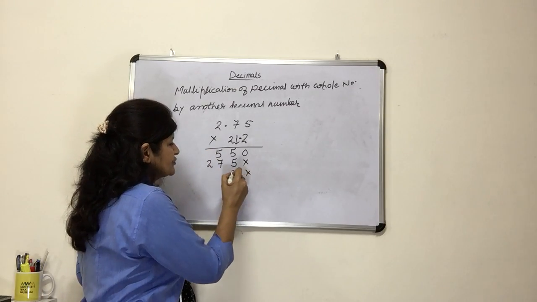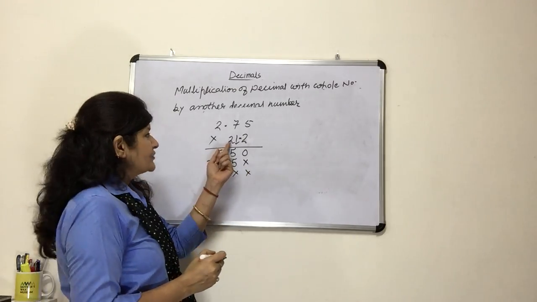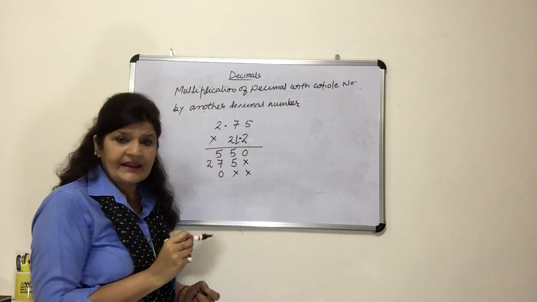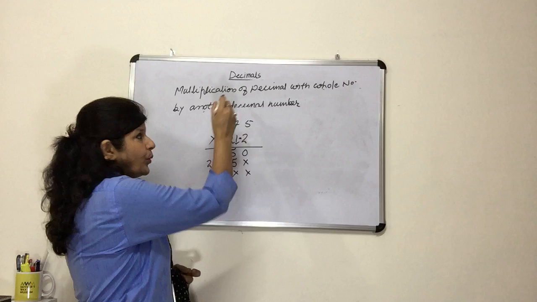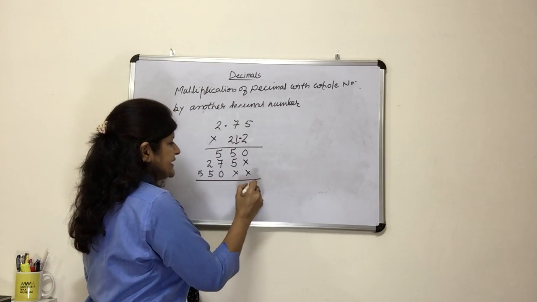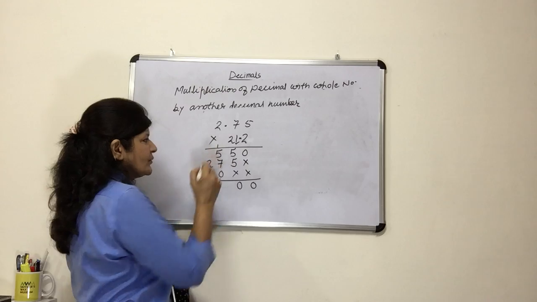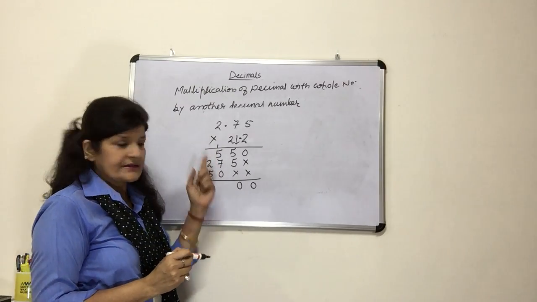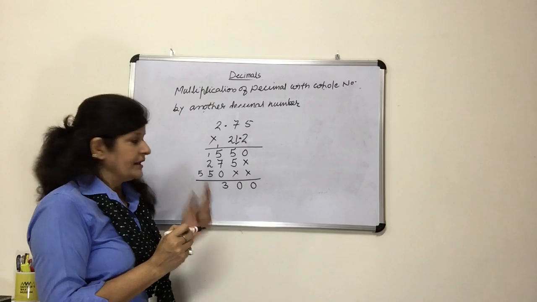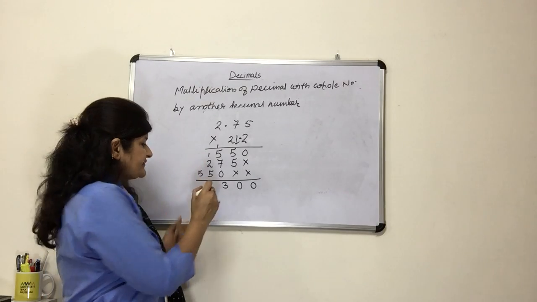So now we will put 2 crosses. Now 2 5s are 10. 2 7s are 14 plus 1, 15. 2 2s are 4 plus 1, 5. This is 0. 5 5 10. Carry over 1. 5 plus 1, 6. 6 plus 7, 13. Carry over 1. 2 plus 1, 3. 3 plus 5, 8.